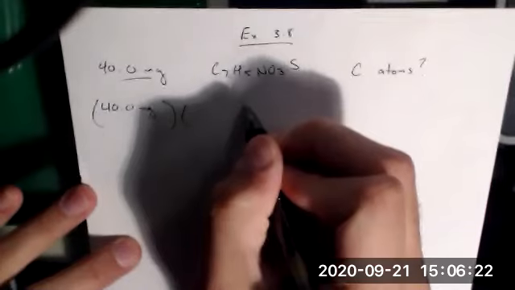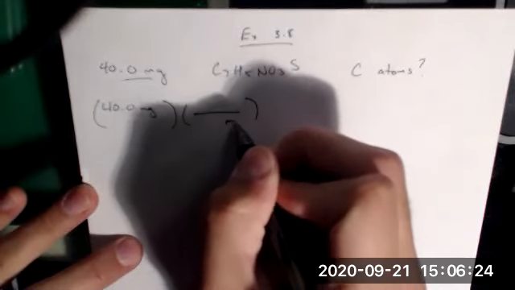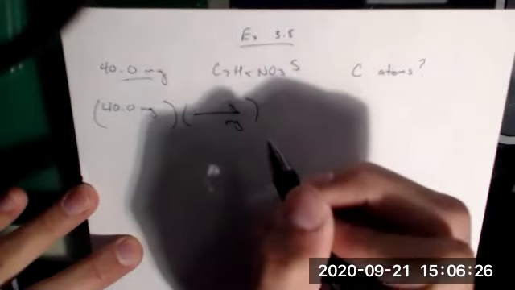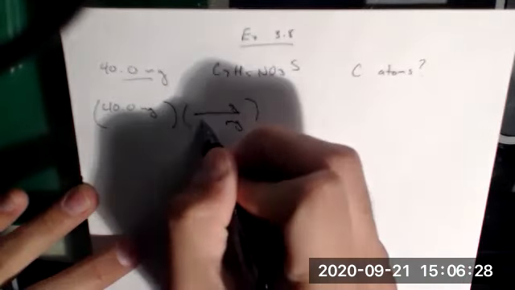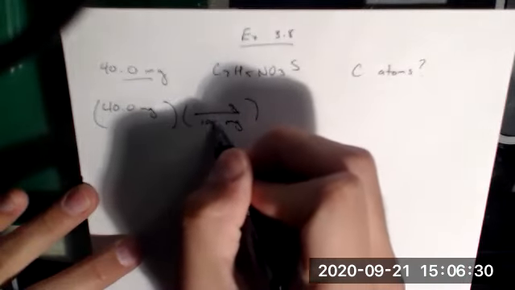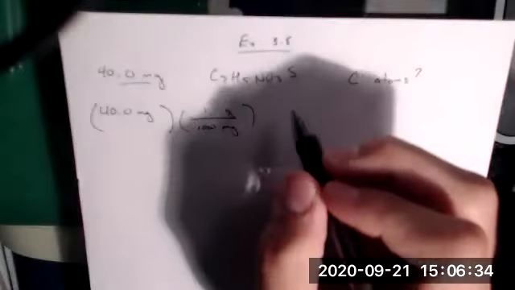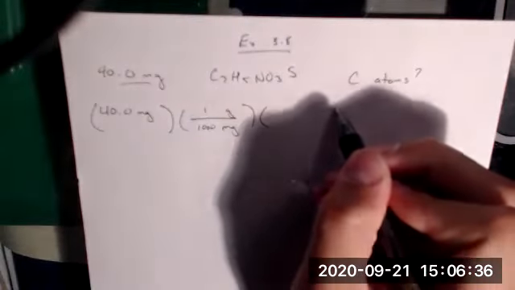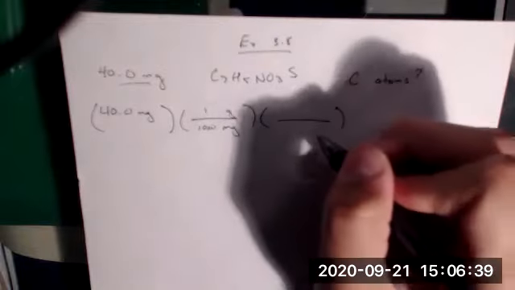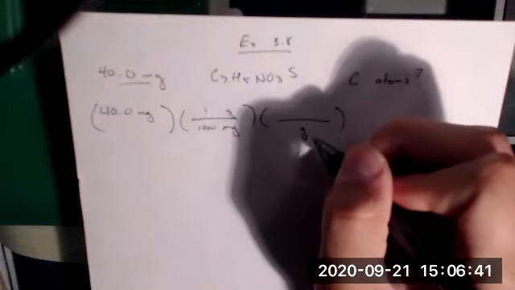I first have to convert milligrams to grams, and this is just an old chapter 1 type conversion. There are 1,000 milligrams in 1 gram. And now I can go from grams of saccharin to moles.